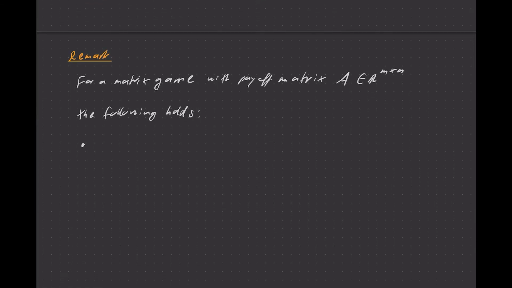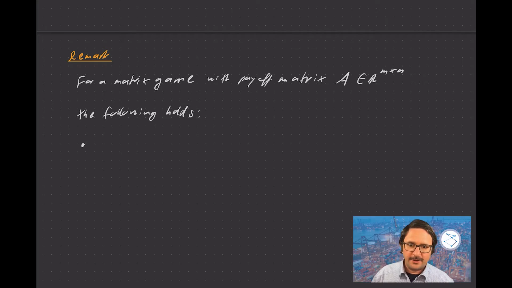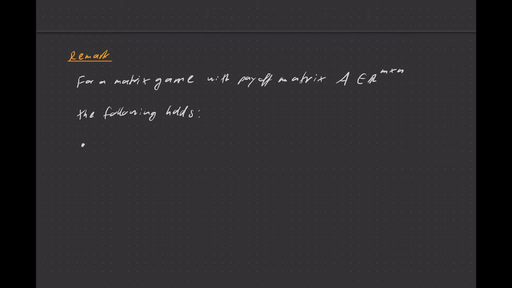First, the column player is still going to maximize the payoff, and the payoff of the column player is y transposed times A times x for strategies y of the row player and x of the column player. So that doesn't change.